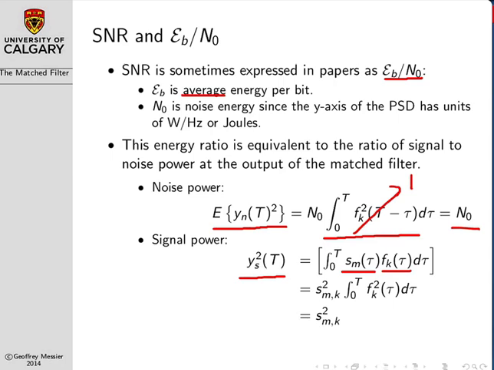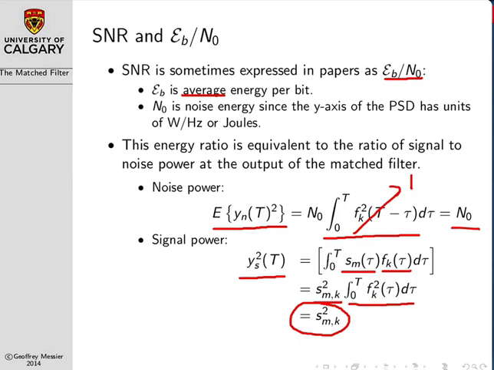Manipulating this, we have our signal vector coefficient squared out front, times the squared integral of our basis function, which is just equal to 1. And so our desired signal power is equal to the square of our signal vector component, which is equal to the energy of the component of the signal that corresponds to this particular signal vector.